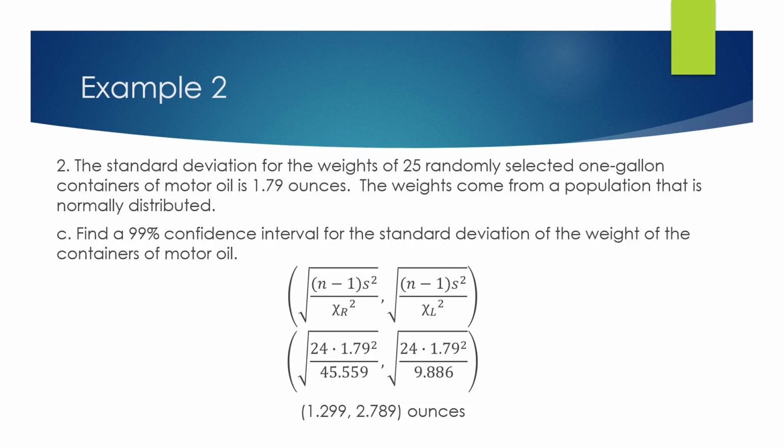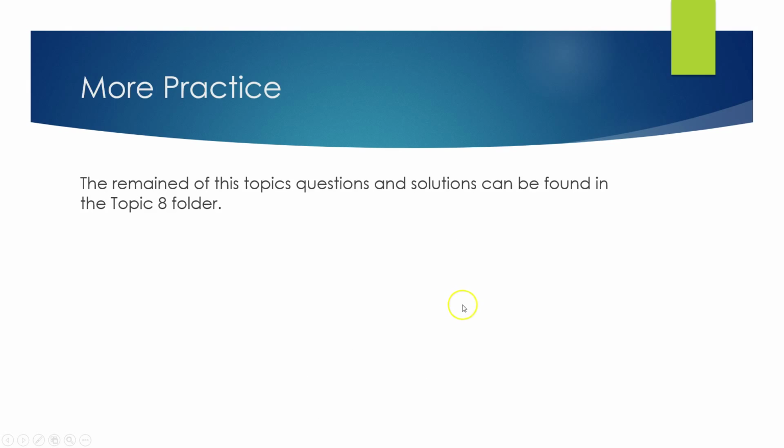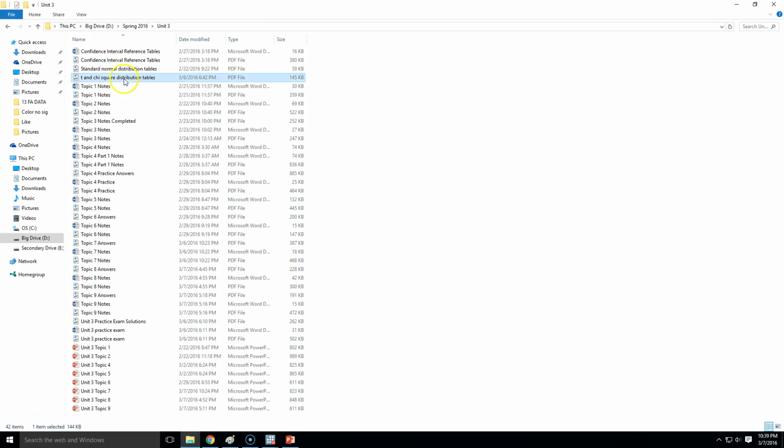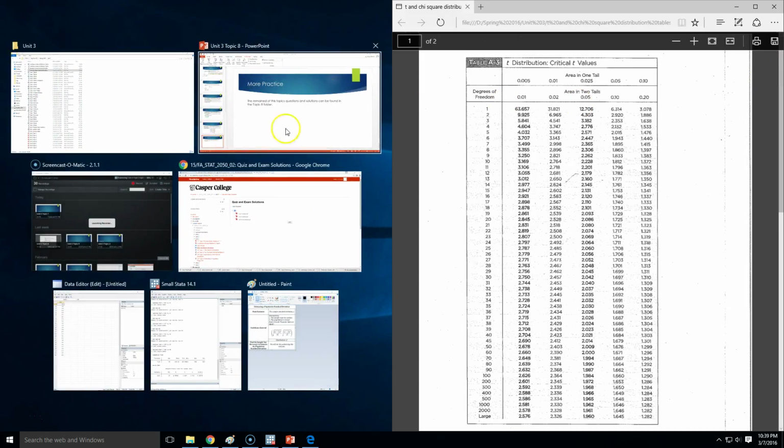Lastly, to find the confidence interval, we are going to apply the formula directly. In order to find these left and right critical values, we're going to need to go to the t-tables, or sorry, the chi-square tables. So I'm going to exit out and open those and do this one along with you.